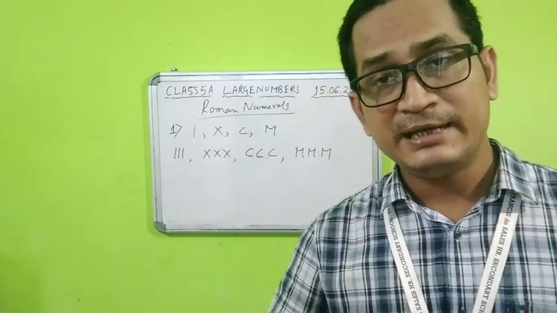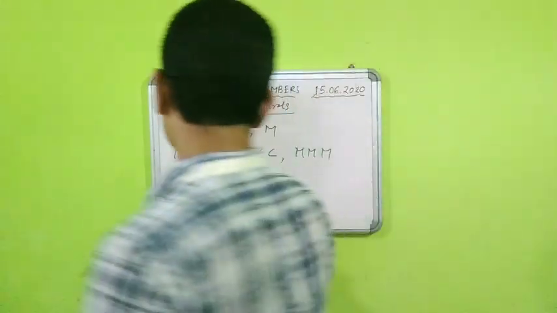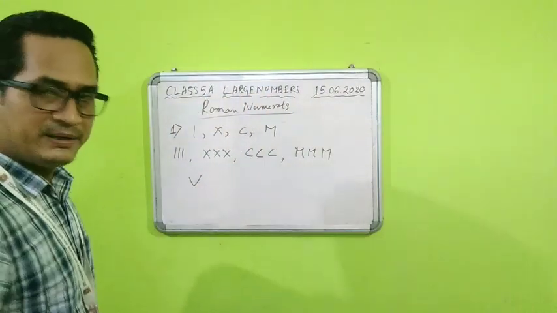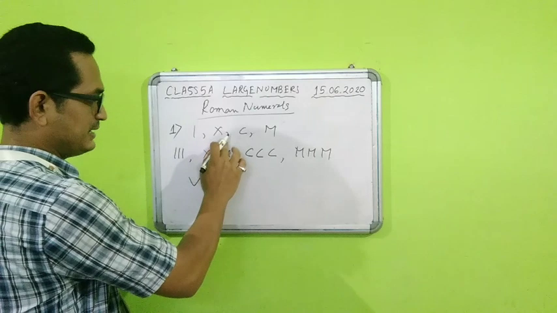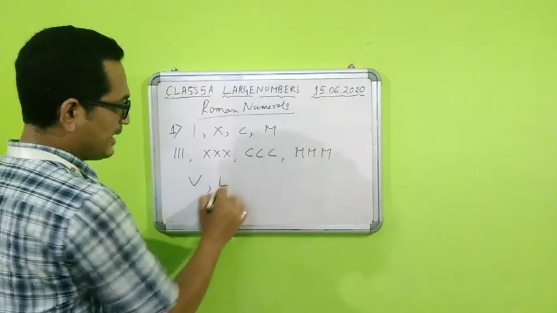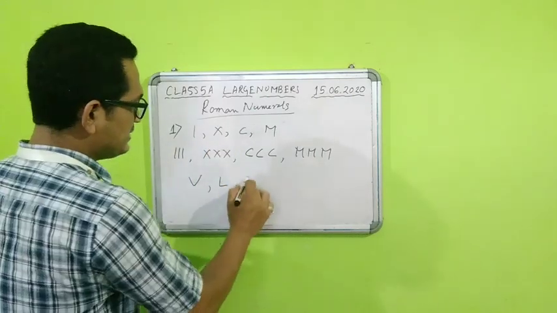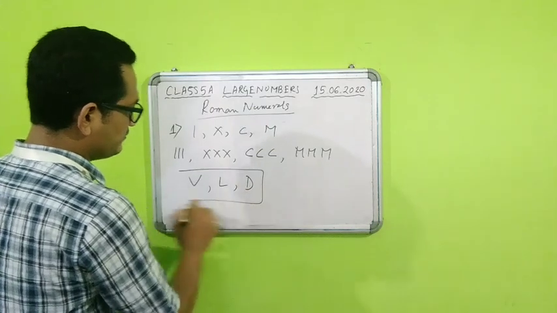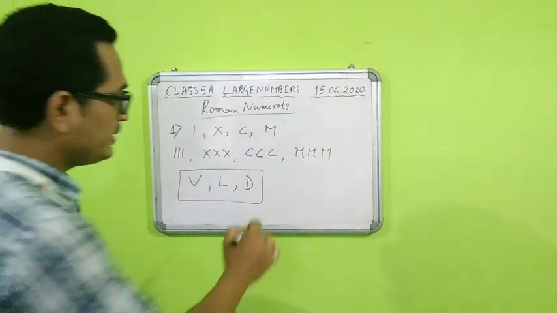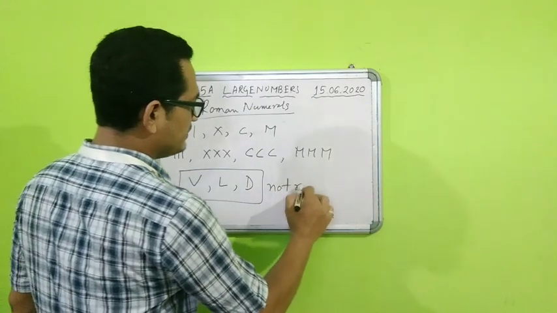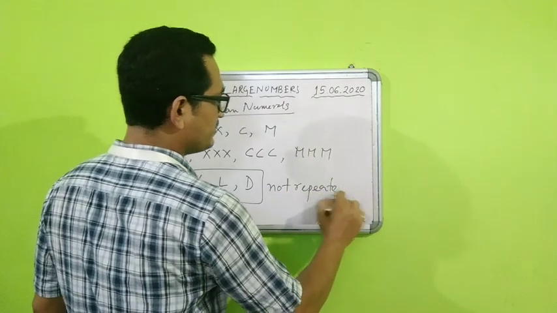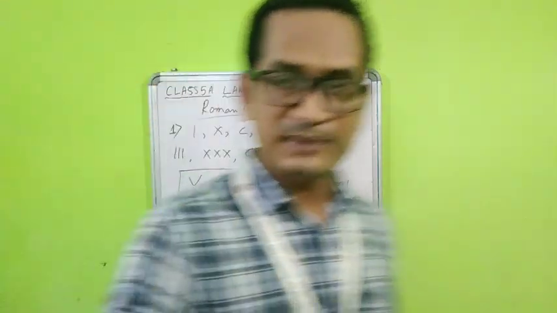The remaining symbols which cannot be repeated are V, L and D. You cannot even repeat them 2 times.